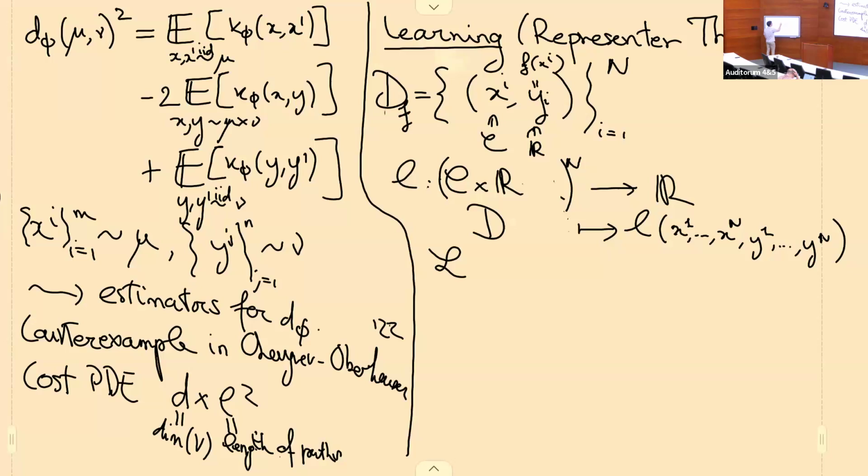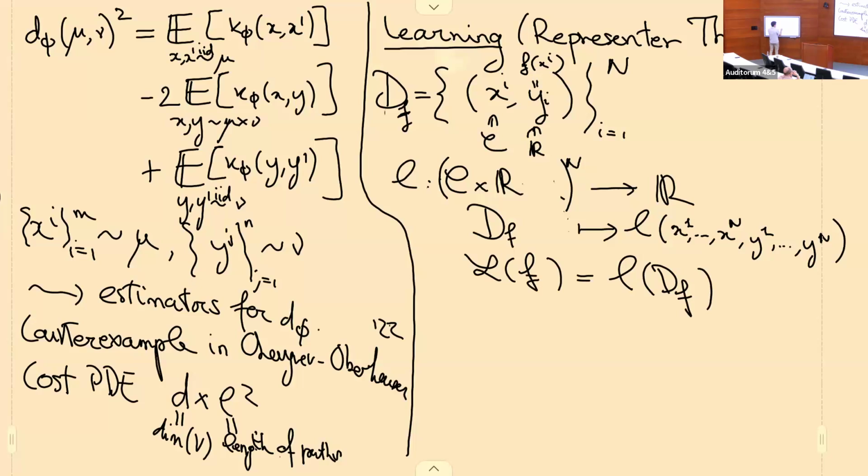So this data set depends on an underlying function f that is not known. So I can consider a loss function that depends on f, L of f, and define it as little l of the data set D_f.